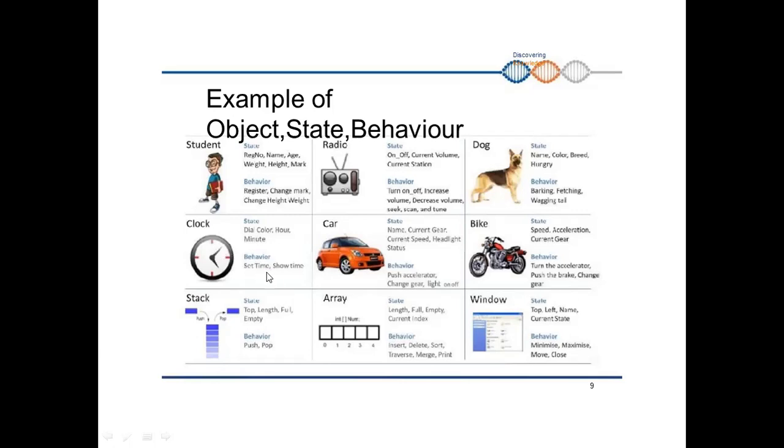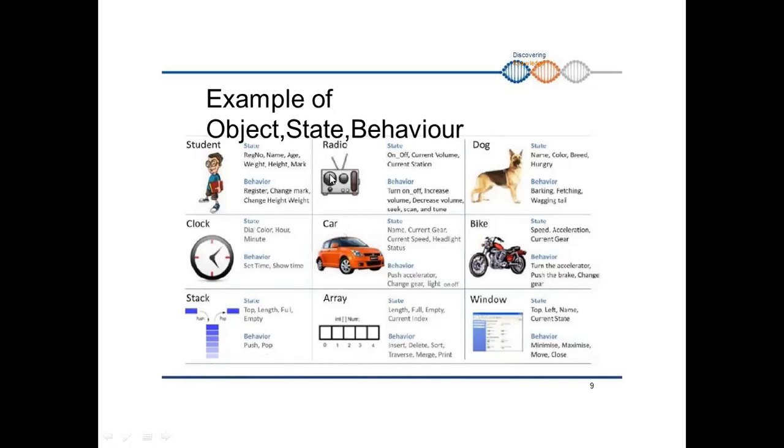We can set time, show time, any other behavior. If you need, then you can add. For stack, state can be top, length, full, empty, and behavior can be push or pop. Means we can insert and delete. Insertion and deletion are known in a stack as push or pop.